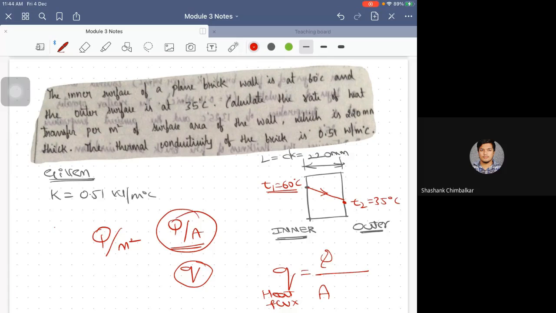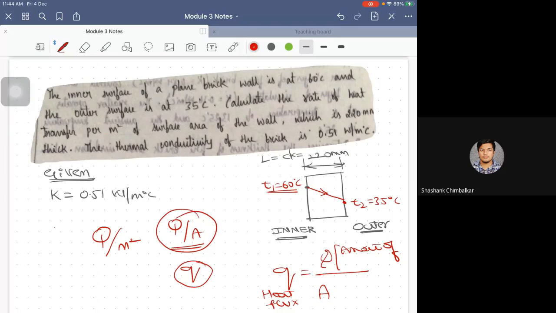What is capital Q? Capital Q is amount of heat transferred. So amount of heat transferred divided by area is nothing but your heat flux, which is indicated as just q here. So this is the funda of this particular problem.